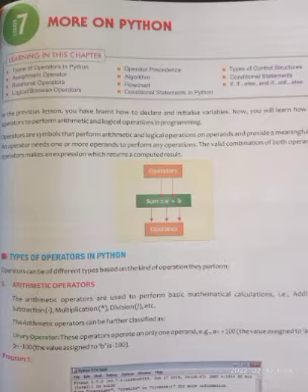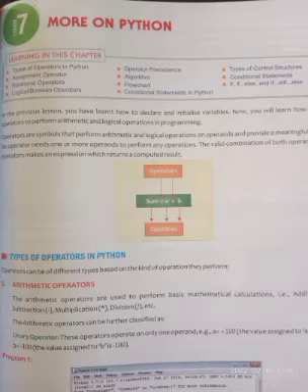The next one is string operators. String operators are used in case of text, or while working with string values, where you may have to perform some operations on them. Python allows only 2 kinds of operations on string data types: you can either join two strings or replicate a string multiple times.